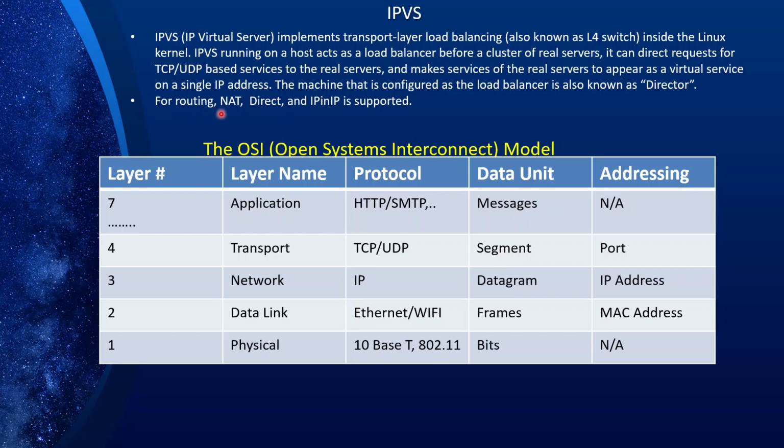For routing, that is moving packets between the client and destination servers, we can configure it to use NAT, or network address translation, that is rewriting the IP addresses. Or if all the clients and the servers are on the physical network, it can use direct, which rewrites the MAC addresses rather than IP addresses, which is faster. Or it can also use encapsulation, using IP in IP or a UDP tunnel between them.